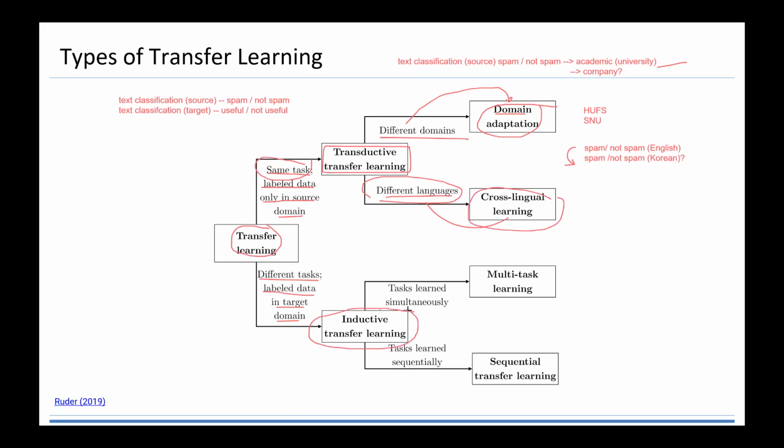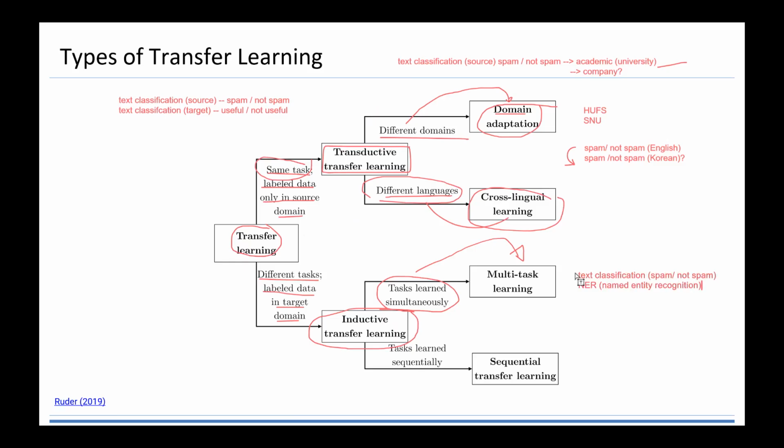Or we can also use inductive transfer learning, where the tasks are learned simultaneously. It means we will learn multiple tasks. Let's say I want to check text classification, whether it is spam or not spam, and at the same time I also want to know about named entity recognition.